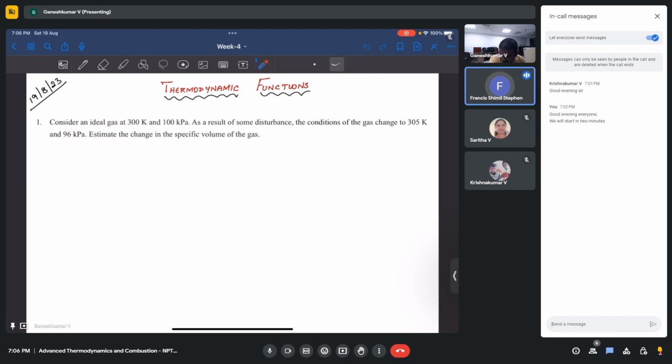So, what do you mean by this strong function, weak function? Where do you come across this strong function and weak function? Actually, I was doing one problem.